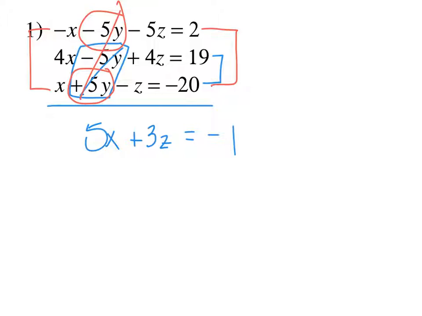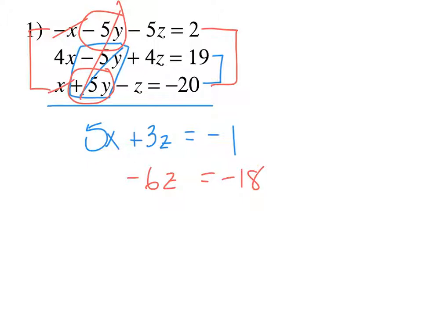Now what you'll notice here is that the negative x and the x also cancel out. Now this doesn't always happen, but sometimes it does. And then all I have is my z's. So negative 5z and negative z is negative 6z equals 2 and negative 20 is negative 18.